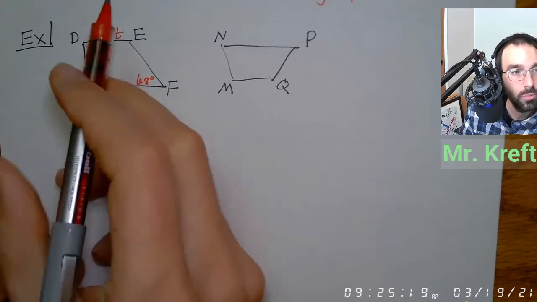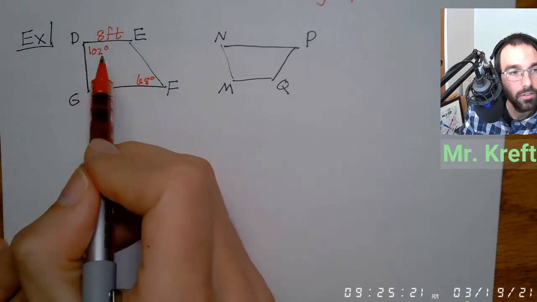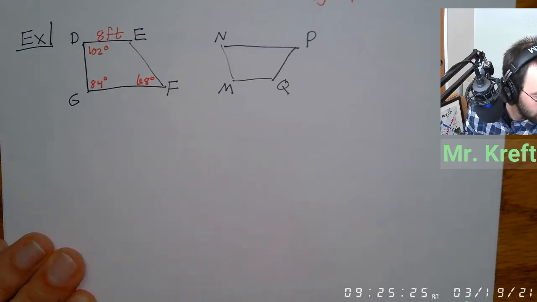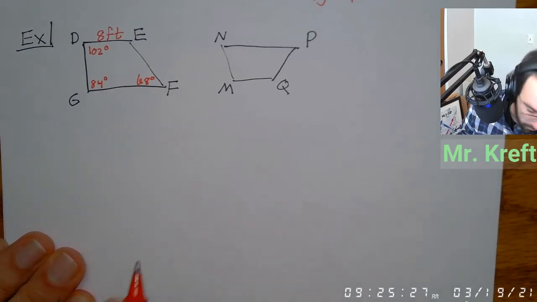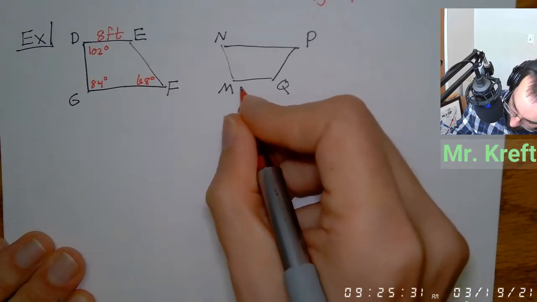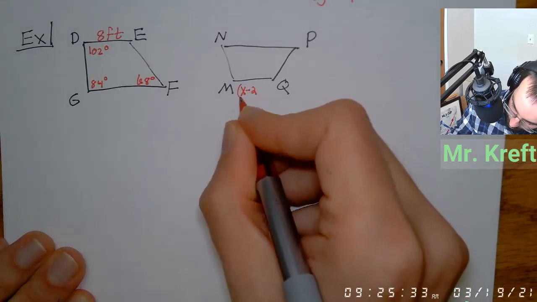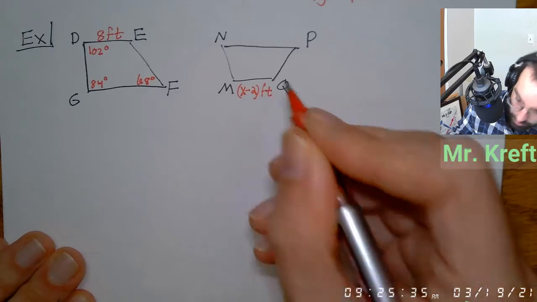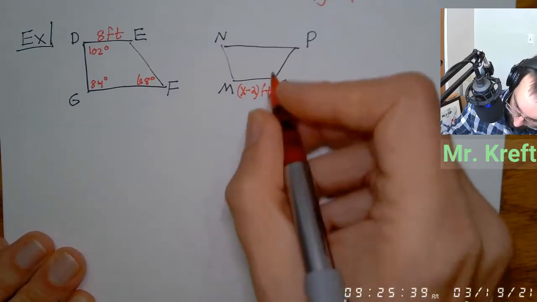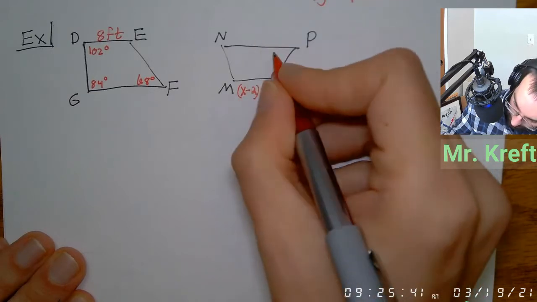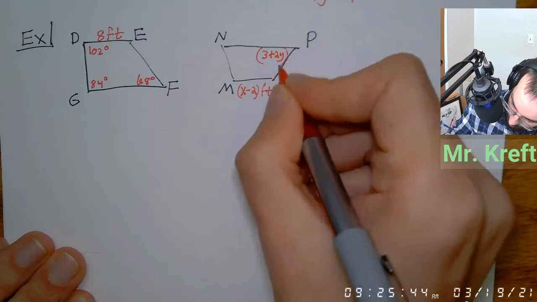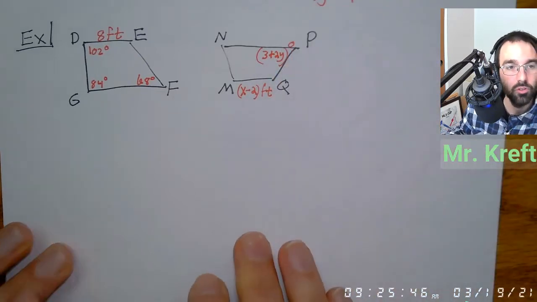And 68 degrees. And then over here for MQ, that's on the bottom, I'm gonna have x minus 2. I'm gonna put parentheses around that and put units on that so we know it's a side and not an angle. And then for angle P here, I'm going to go 3 plus 2y, with a little degree above it.